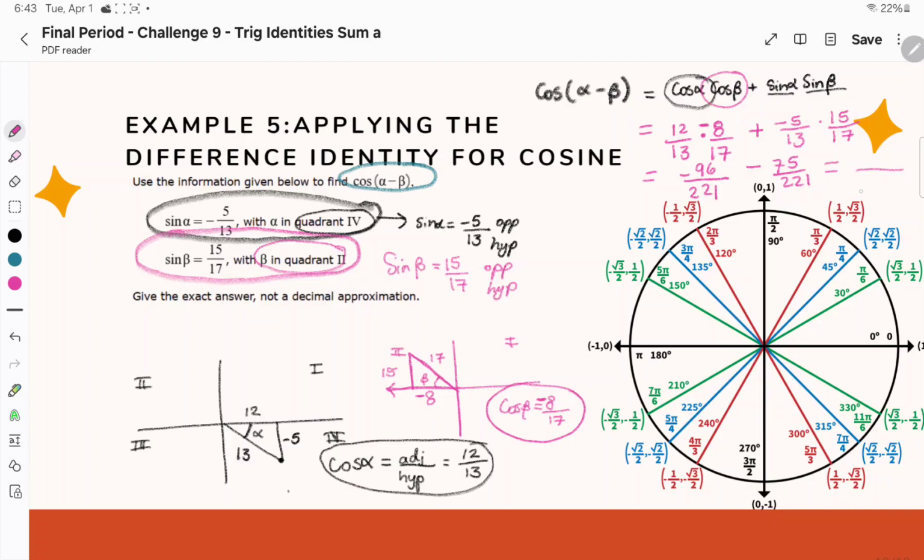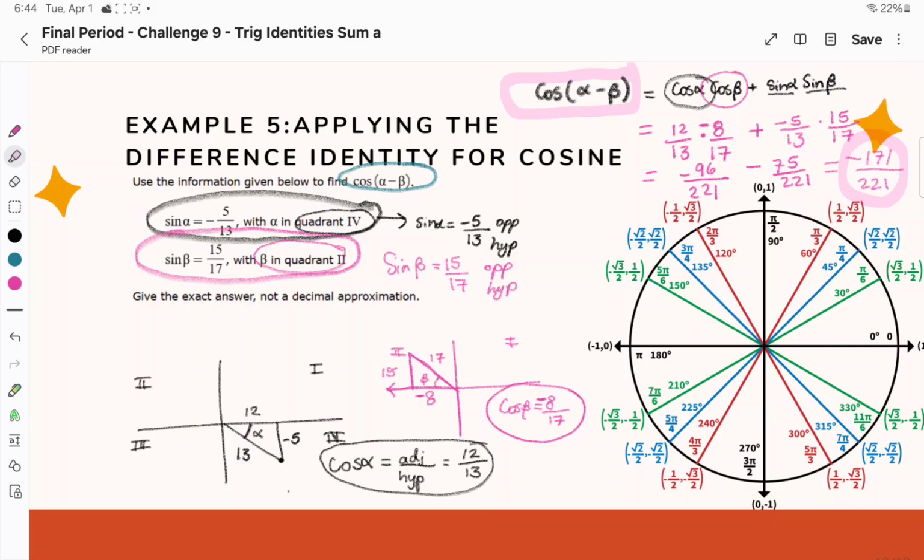And then since I have the same denominator, I'm just going to leave the same denominator, and I'm going to add minus 96 minus 75, and I got minus 171, right? If I can simplify this fraction, I do it. But if I'm not able to, this is going to be my final answer. So cosine of alpha minus beta is minus 171 over 221.